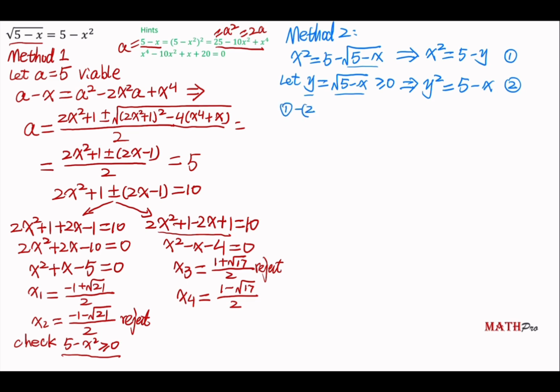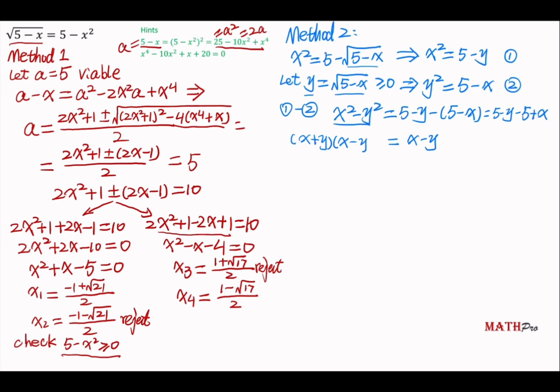Equation 1 minus equation 2 is x squared minus y squared equals (5 minus y) minus (5 minus x), which equals 5 minus y minus 5 plus x, and then equals x minus y. And then the left side here actually can be written as (x plus y) times (x minus y). So we get this equation here.